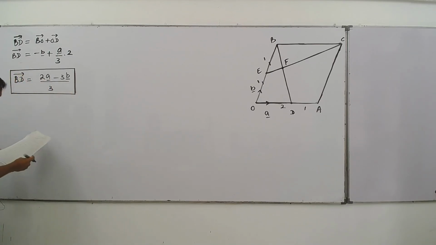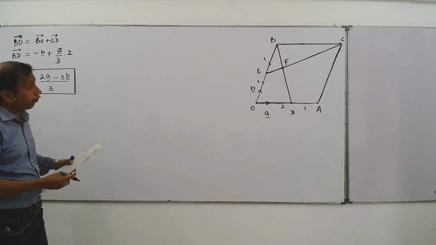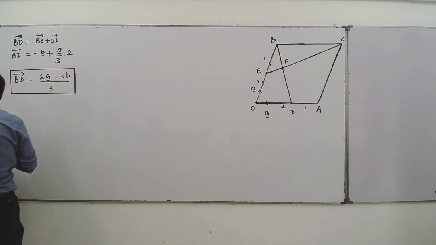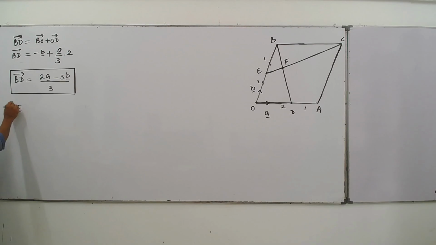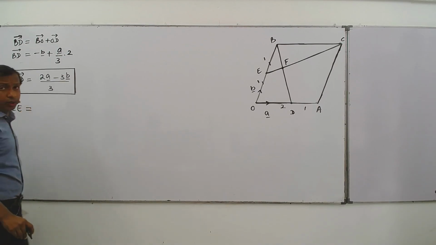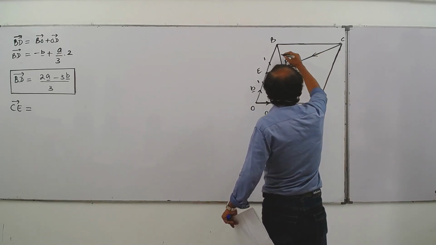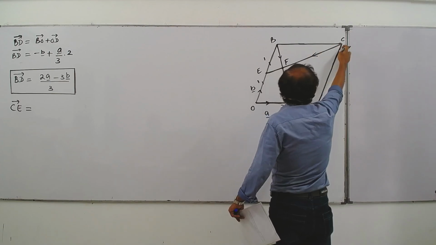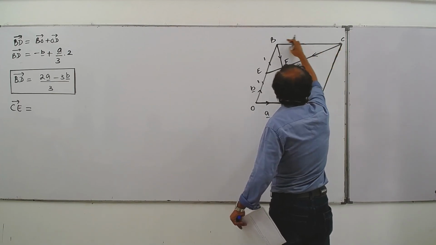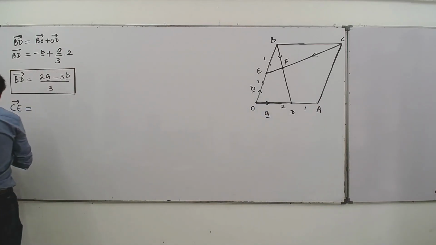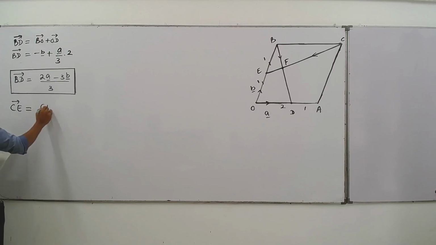And next one is asking CE vector. CE vector you can write by using the triangle law of vector addition: CE vector is CB plus BE.